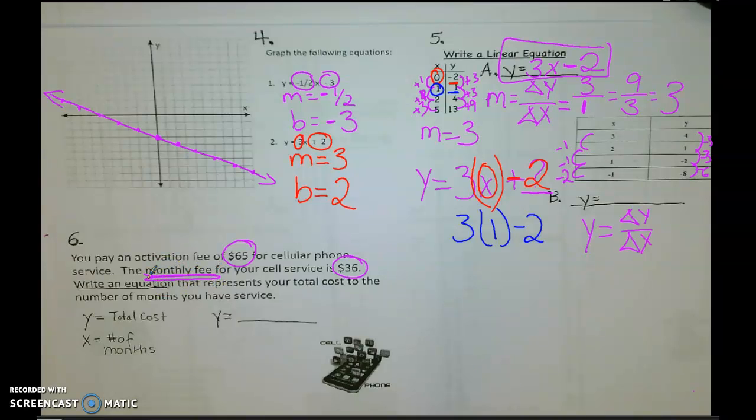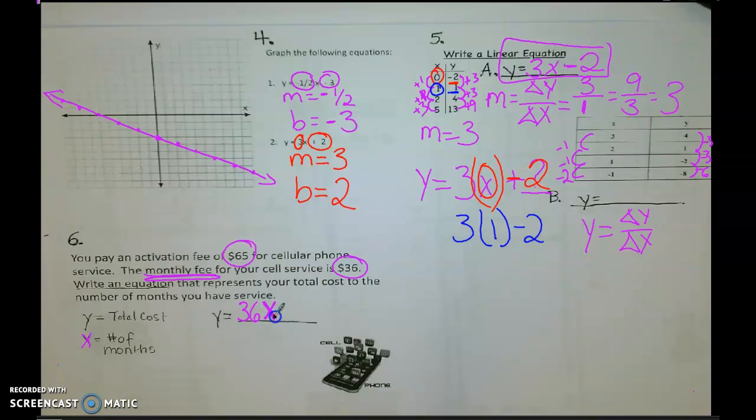So in our equation, X is going to equal the number of months, okay? And Y is our total cost. So for every month, we have to pay $36. So that means we have to do 36 times the number of months. Well, that's going to change.